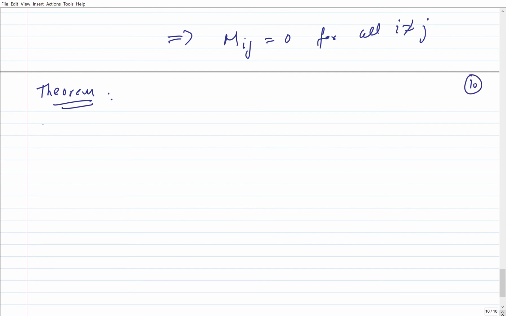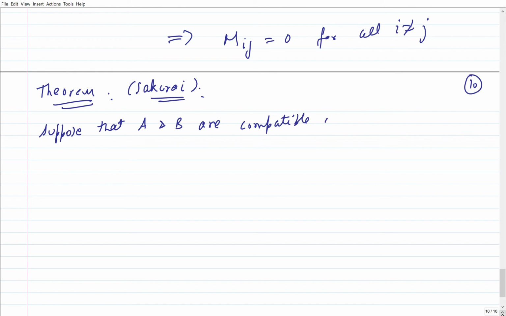So the theorem says, this is given in Sakurai quantum mechanics. Suppose that A and B are compatible observables and the eigenvalues of A are non-degenerate.